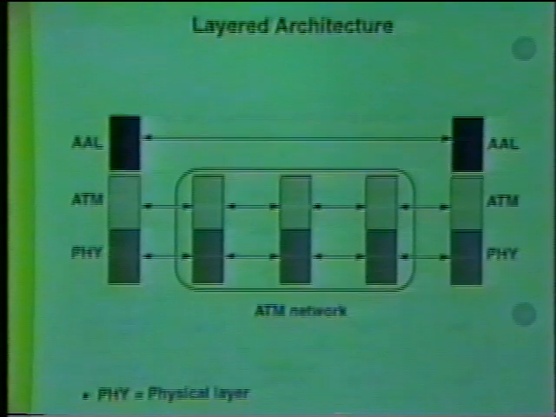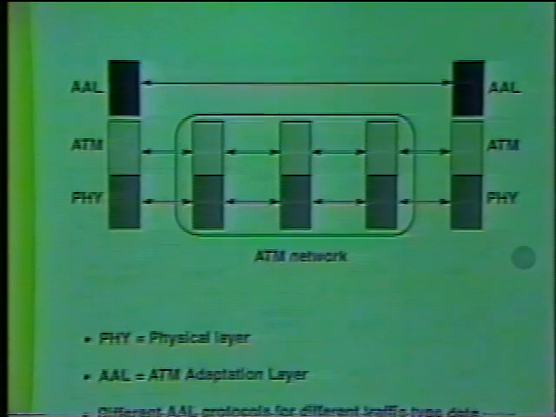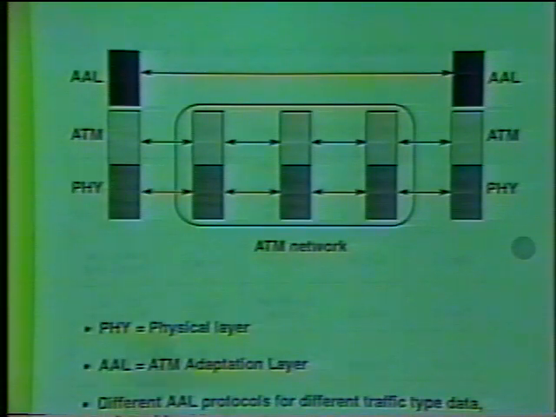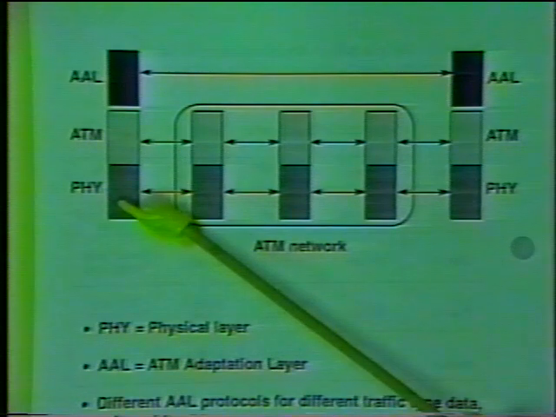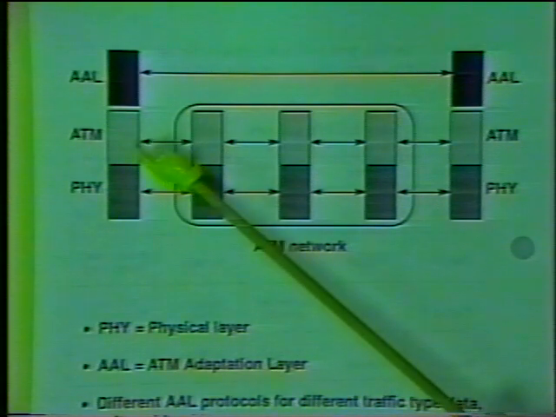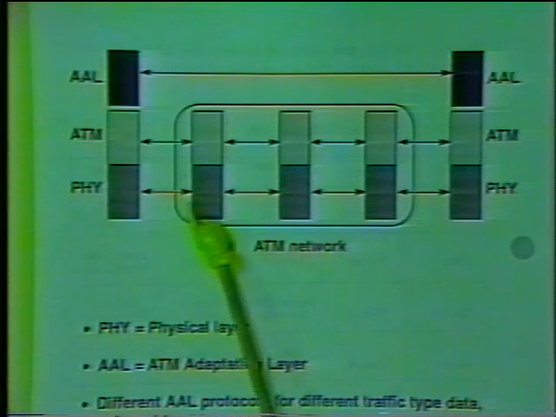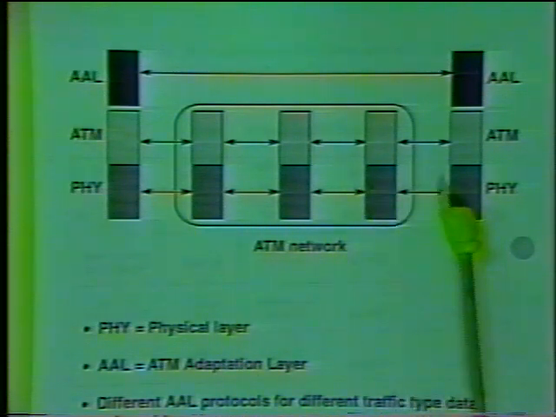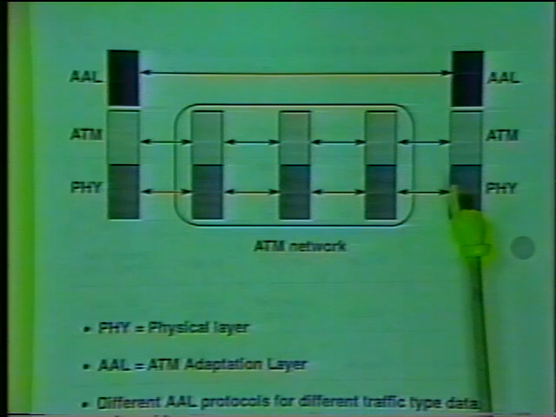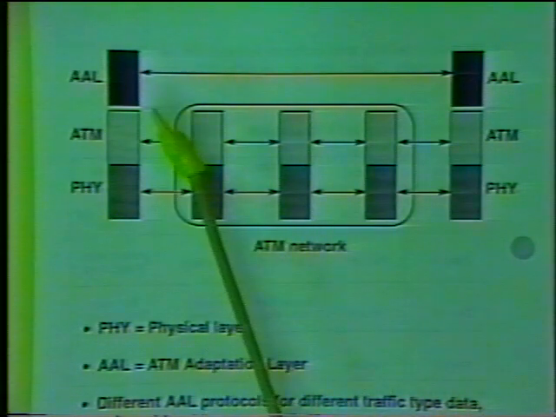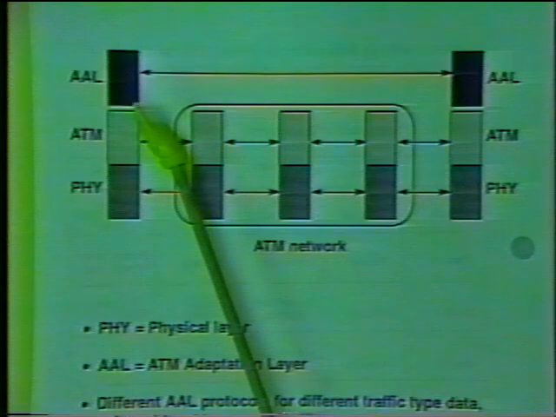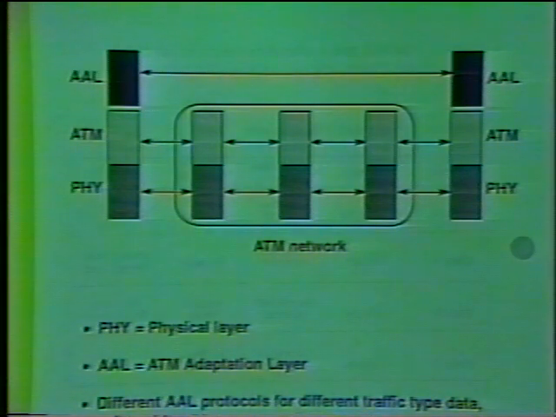Jumping ahead, page 8 shows the layered architecture. This shows that the physical layer and the ATM layers of the protocol stack are the ones that talk directly across the ATM network between a source and a destination node, and then the upper levels, the AAL layers, communicate virtually through the stack.